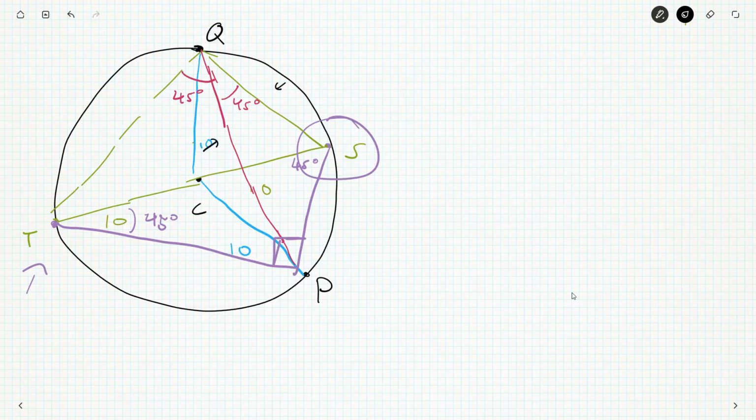Well, okay, this 45 here and these two 10s make this isosceles. So this also has to, so the PS has to be 45, doesn't it? CPS has to be 45 degrees.